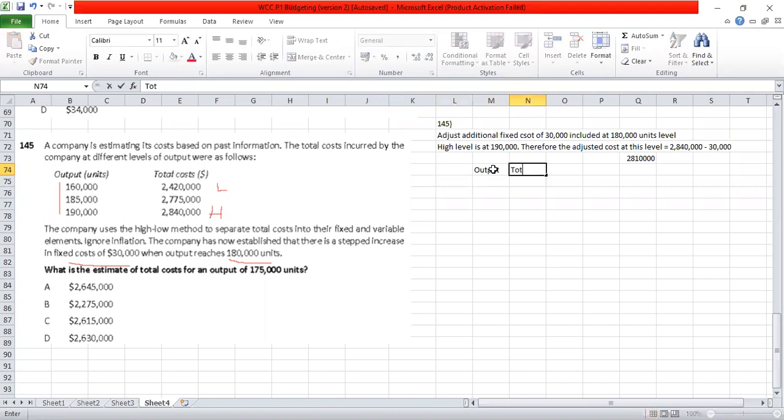We have output and then total cost. Take the high level, take the low level. We see at high level, the output is 190,000 and the cost is 2,810,000. Low level is at 160,000. Then the cost is 2,420,000. Find out the difference.